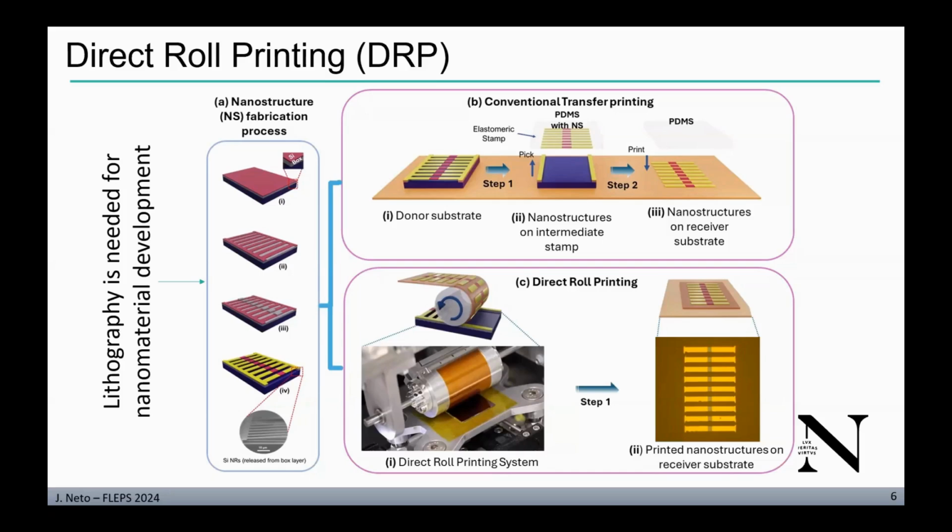In our case, we don't use any PDMS. We developed this setup, which we call direct roll printing. In this case, you have the receiver substrate and the donor substrate, which is the wafer. Using standard lithography methods, you get your nanoribbons here, as I was showing in the previous slide. So these are the nanoribbons before they are transferred. And this roll has the receiver substrate. In this case, it's polyimide, with a partially cured polyimide also on the roll.